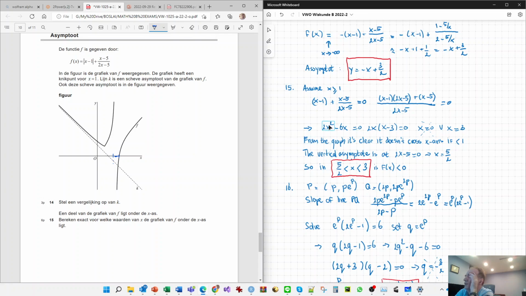Working this out, combining like terms, you get 2x squared minus 6x is 0, 2x times (x minus 3) is 0, which means x is either 0 or x equals 3. But we should ignore x equals 0 because it is inconsistent with our assumption.